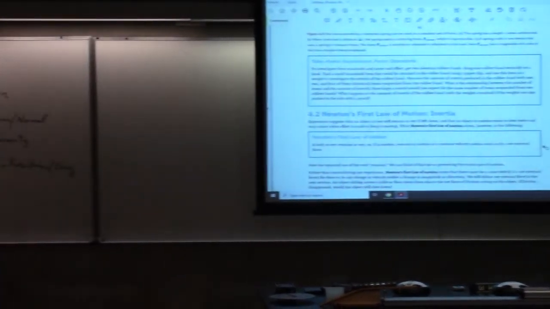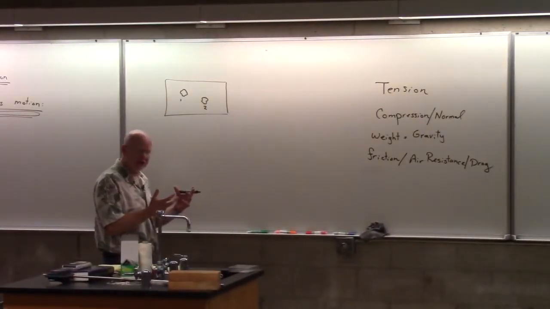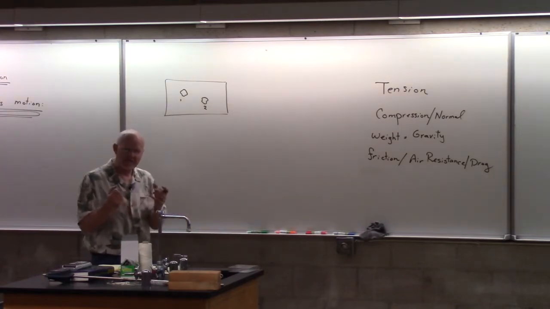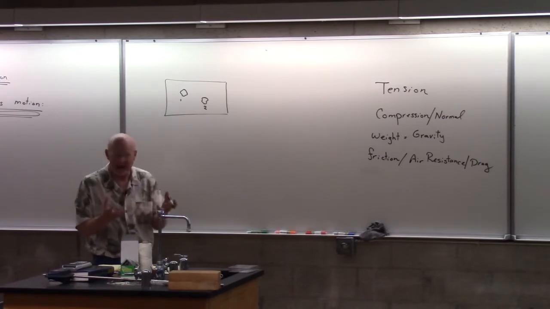And here's why. To try to give you a feel for net forces, let me start drawing some pictures. Let me even use a fancy word. We're going to call this a free body diagram.